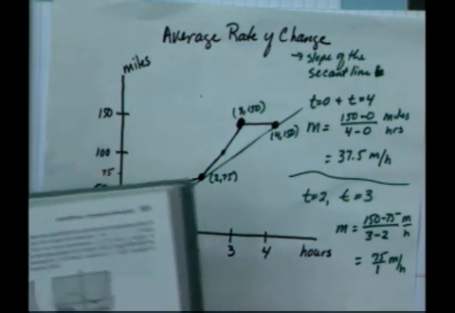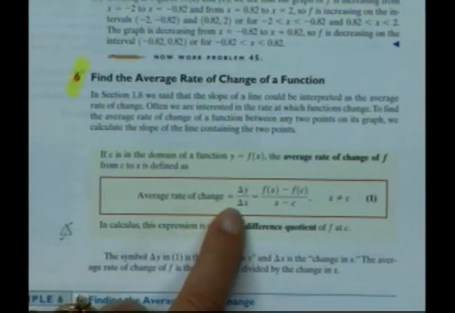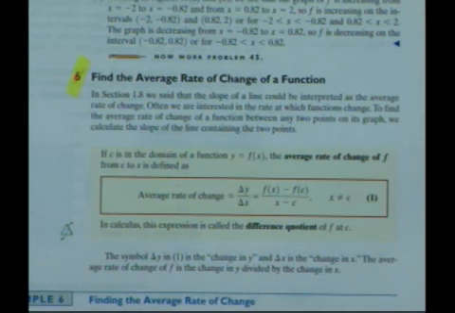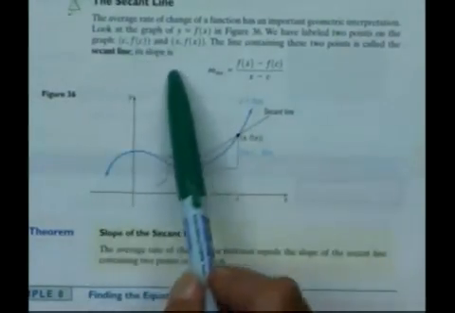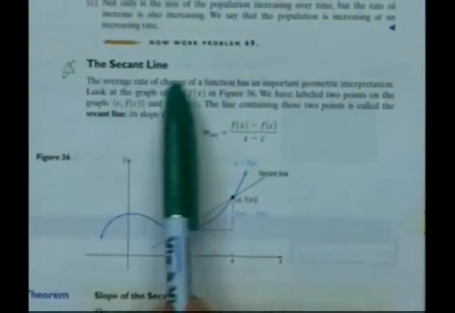Let me go to the book and just show you this. This is on page 233. Average rate of change is the change in y over change in x. Difference in the y values over the difference in the x values. All right. Are we good, everyone? All right, let's go to the exercises. Also, by the way, on page 235, that's, again, where they talk about it being the secant line.